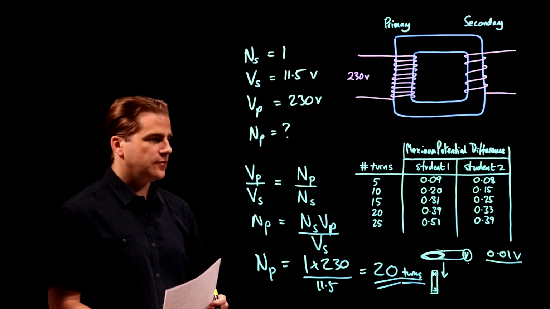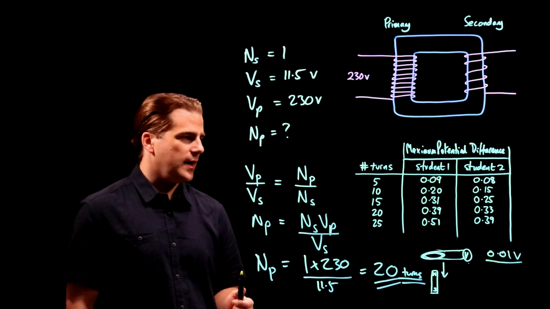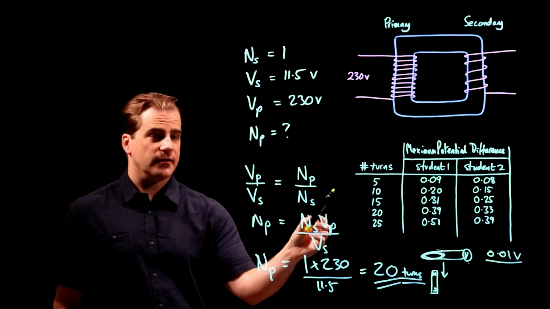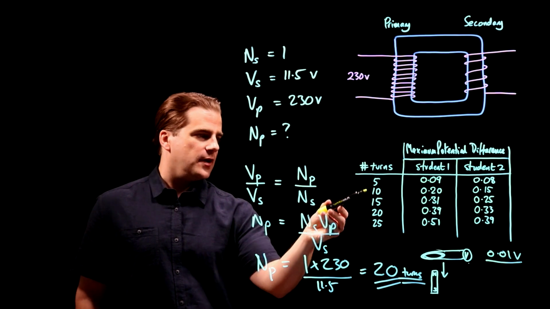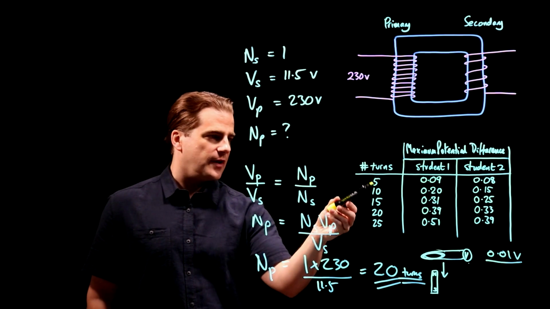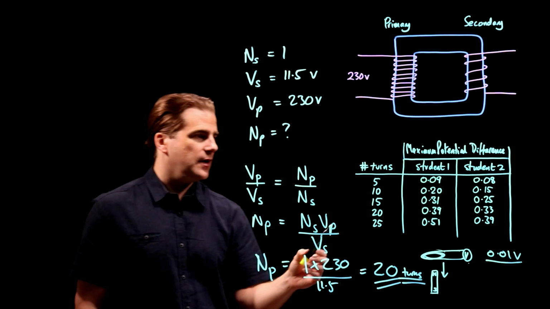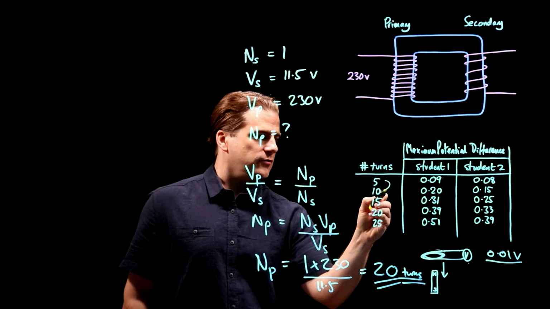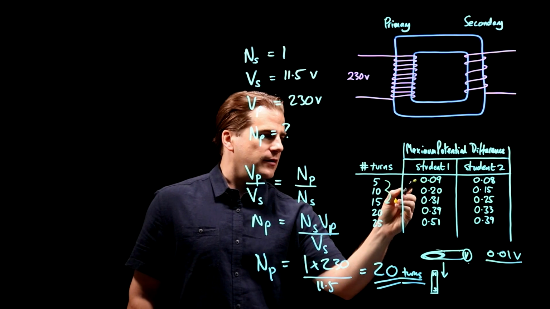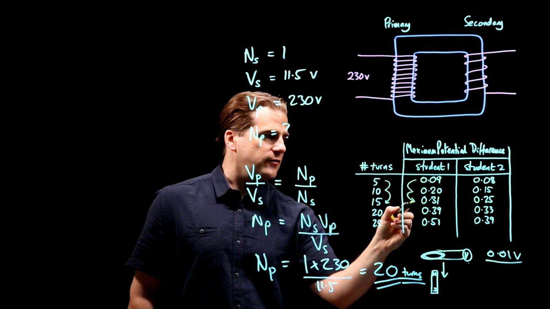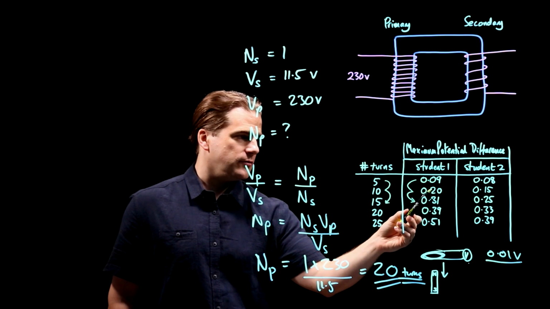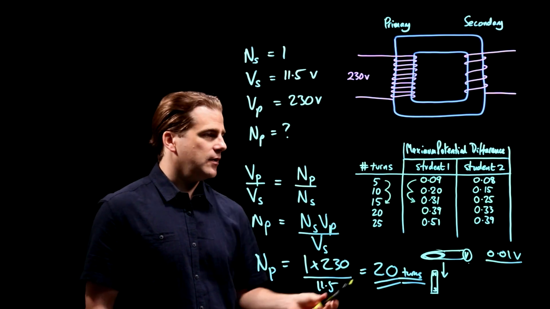Why is this resolution suitable? Well, it's suitable for this particular experiment because if you look at the number of turns they've chosen, they've stepped it up by 5 each time. And every time you go from one to the next, you get a different reading, a different result. It goes 0.09, 0.20, 0.31.